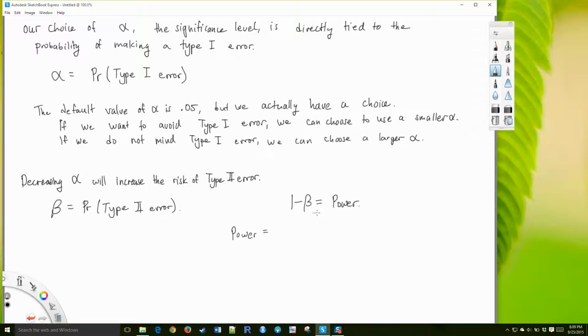Of the opposite, right? The complement, okay? So if beta is the probability of a type 2 error, power would be the probability of the complement of a type 2 error. So what would the complement of a type 2 error be?